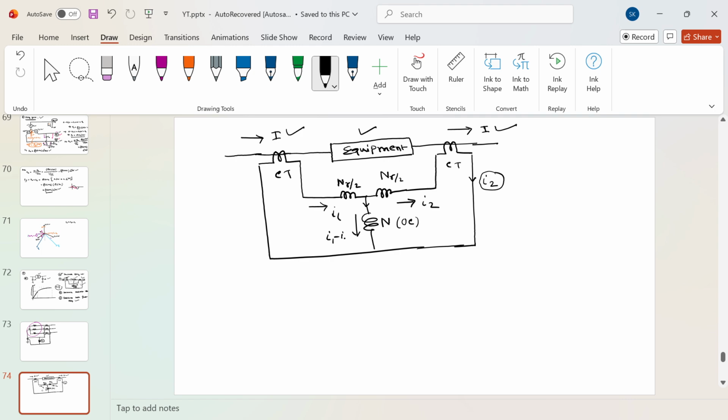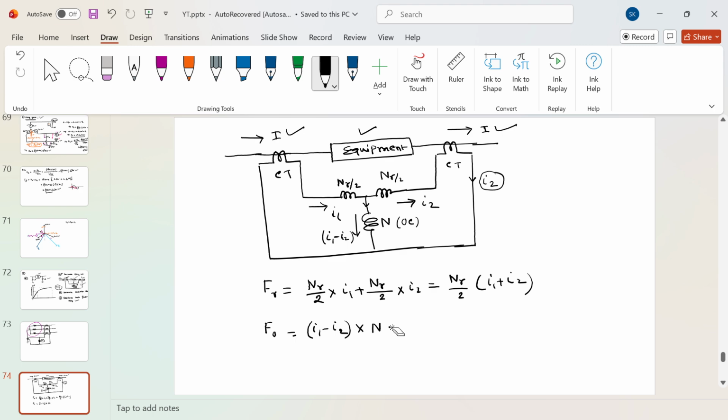These currents will not be the same, because you will not get two CTs that are exactly matched. The MMF created by the restraining coil is FR equals nr by 2 into I1 plus nr by 2 into I2, that is nr by 2 times (I1 plus I2), and the MMF created by the operating coil is (I1 minus I2) into N.